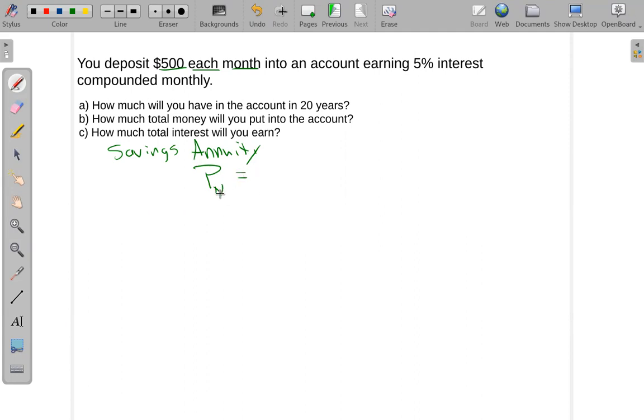N here would be my 20 years, my capital N. And it's going to be D, the payment, times parentheses, and then we see the compound interest base, 1 plus R over K to the power NK.